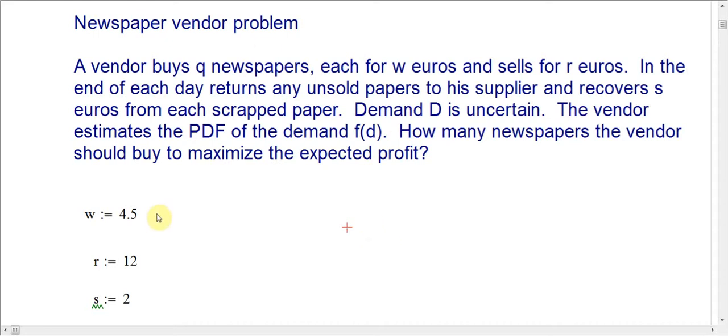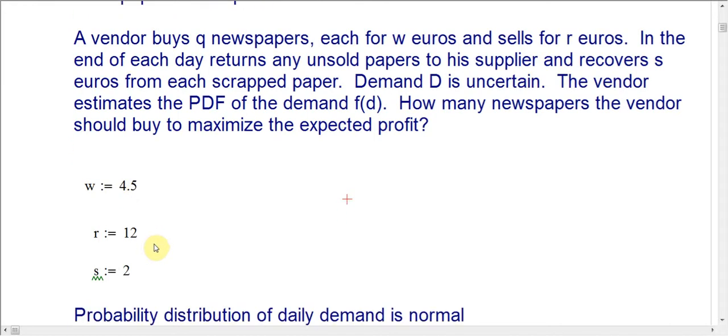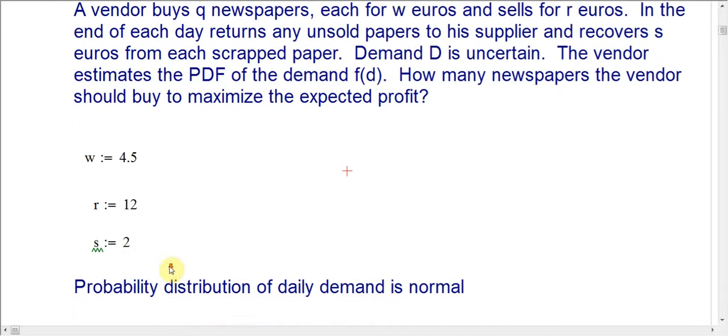Some information: the price that the vendor pays is 4.5 euros and he sells them for 12 euros. These are expensive newspapers. And the salvage price is 2.